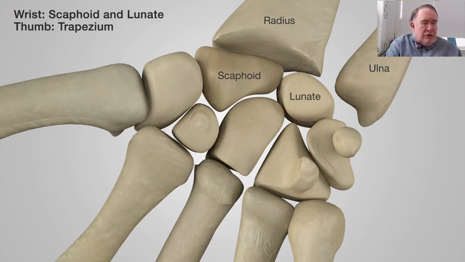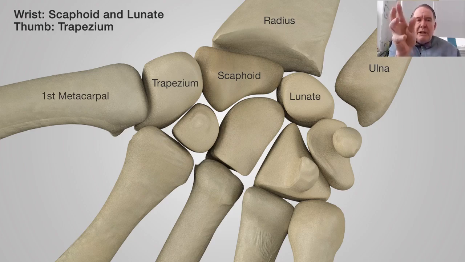The other distal bone that I mentioned, because of its importance in movements that we'll learn about shortly, is the trapezium bone. The trapezium bone here articulates with the first metacarpal, and its relationship there is responsible for our ability to move our thumb in so many interesting and complicated ways.